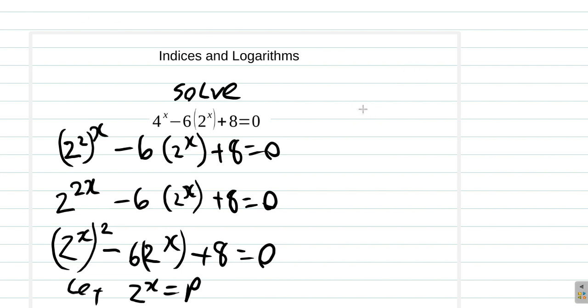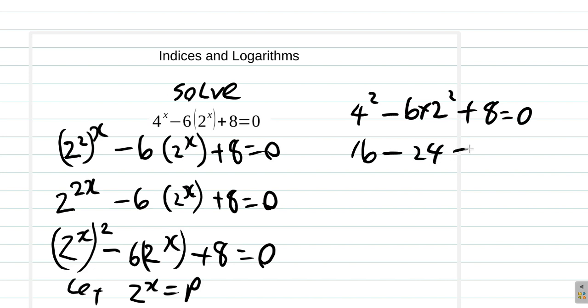What happens when x is 2? Will it work? 4 to the 2 minus 6 by 2 to the 2 plus 8 equals 0. 4 squared is 16 minus 2 squared is 4, 4 sixes are 24, plus 8 equals 0. 16 minus 24 is what? Negative 8.